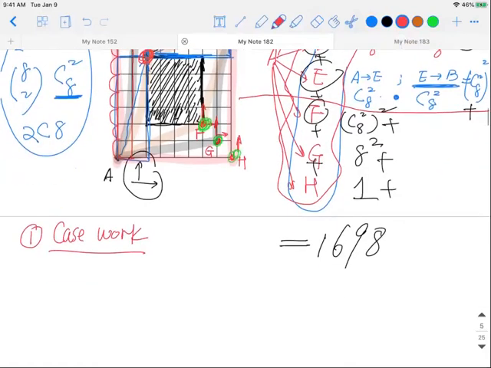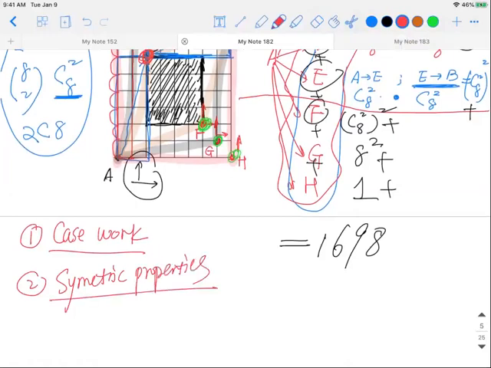The second part is you always try to use some symmetric property. Later, as our lecture moves forward, you're going to have more and more ideas. A lot of continuous probability problems need the symmetric property. This kind of symmetric property can help you significantly reduce the complexity of the problem.